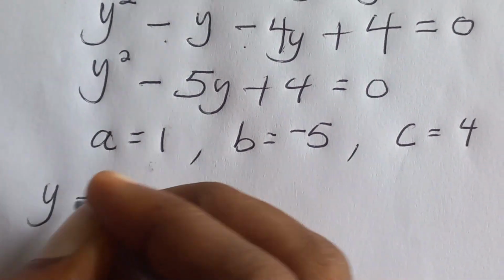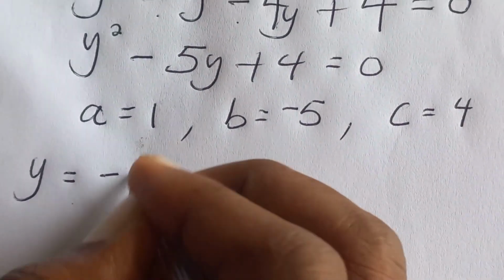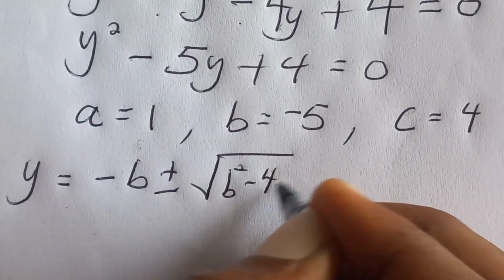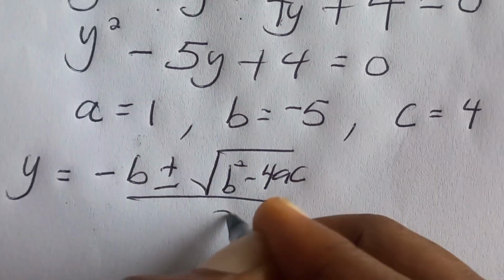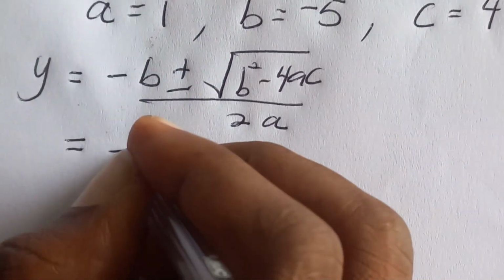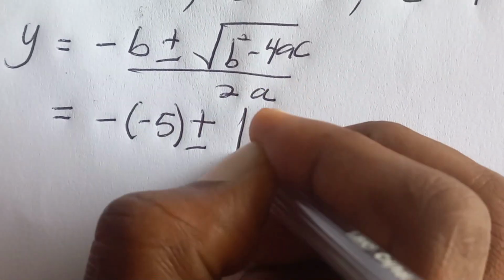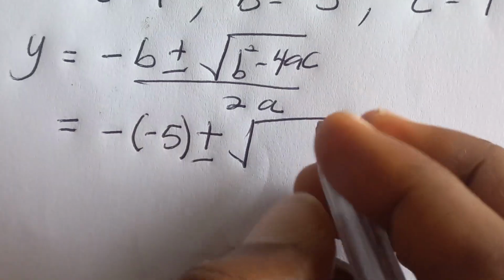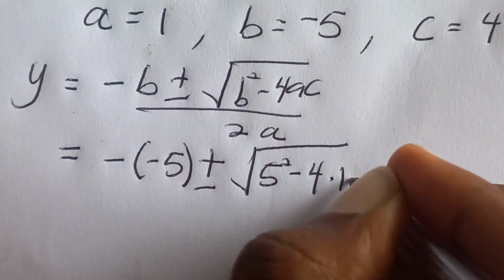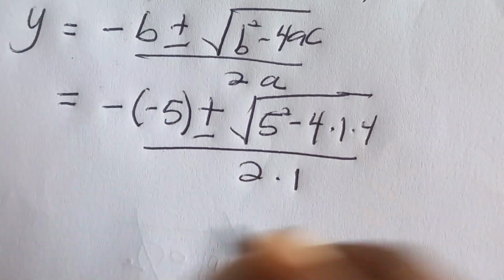So y is equal to minus b plus or minus square root of b squared minus 4ac, all over 2a. So we are going to get minus negative 5, plus or minus square root of 5 squared minus 4 multiplied by 1 multiplied by 4, all over 2 multiplied by 1.